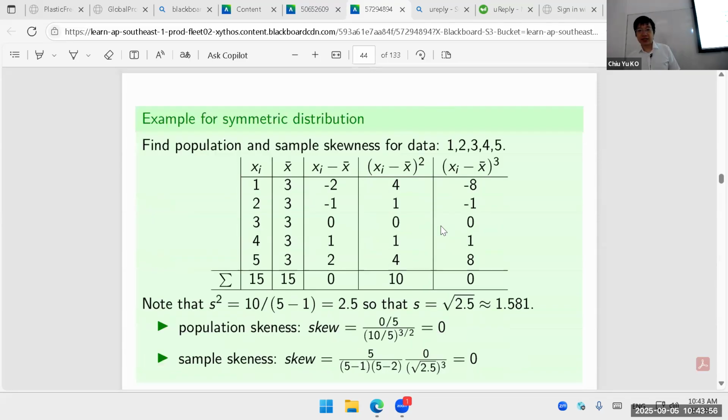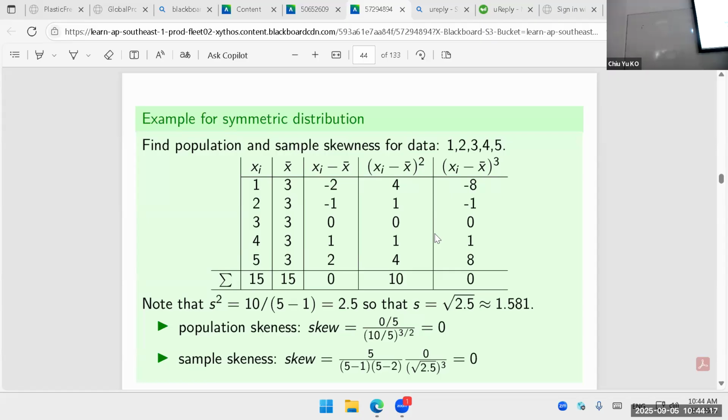For this example, 1, 2, 3, 4, 5. Without calculation, you should know the skew is 0 because the mean is 3. It's very symmetric around the mean, right? Even if you don't do any calculation, you know by construction it is 0 because it's symmetric around 3.